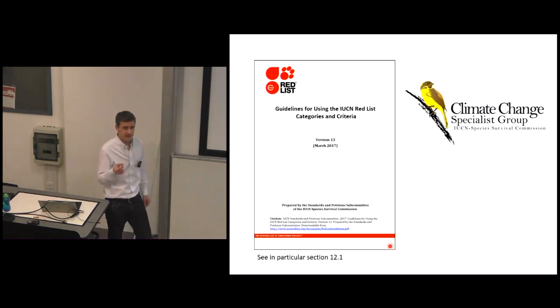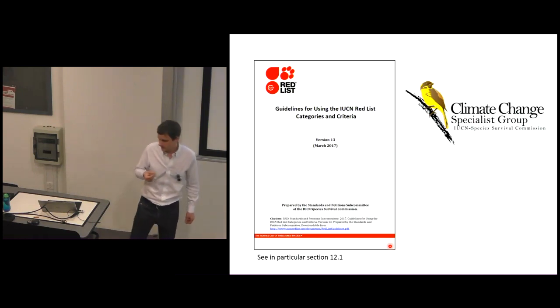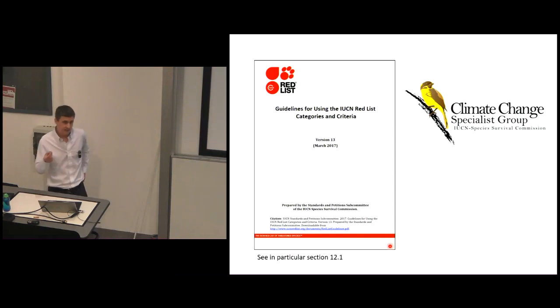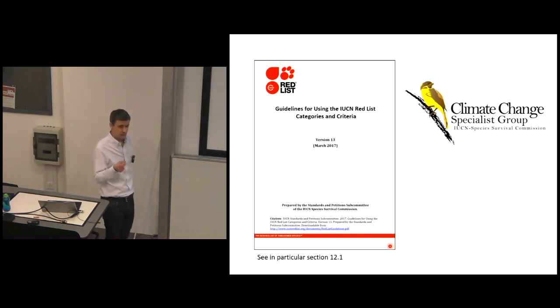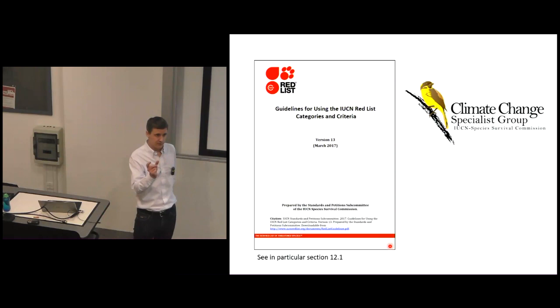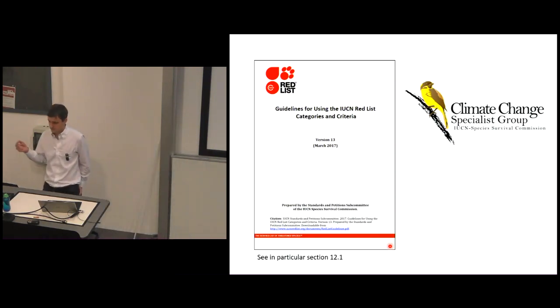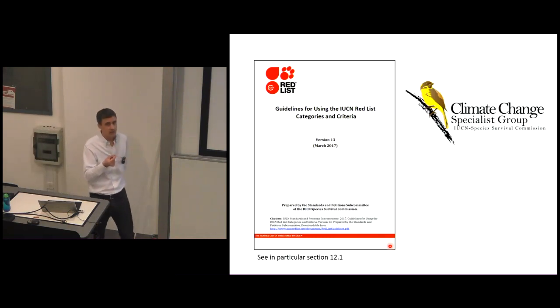One good side to this from an impact perspective is that we've worked on guidelines for implementing these kinds of distribution models and coupled demographic distribution model approaches through the Climate Change Specialist Group, part of the IUCN Species Survival Commission. They're now written up in the guidelines.